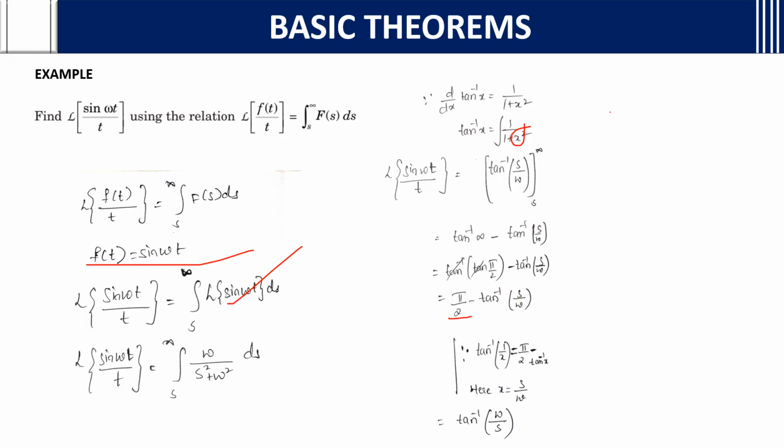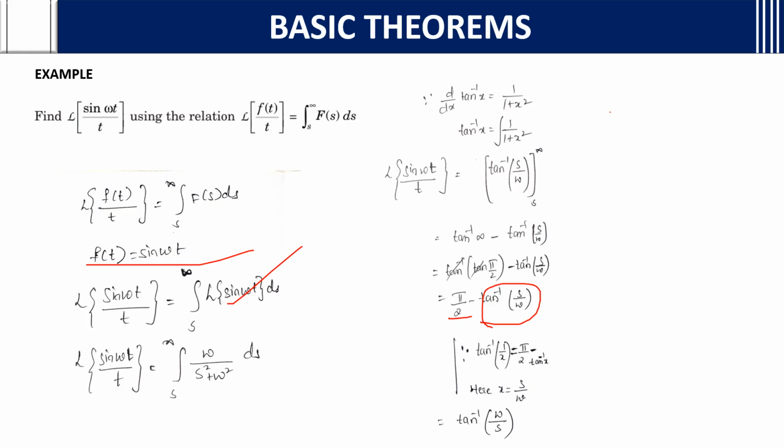Since tan inverse of 1 by x is nothing but what? Pi by 2 minus tan inverse x. So here x is what? s by omega. So what it means? Tan inverse of 1 by x is equal to pi by 2 minus tan inverse x.